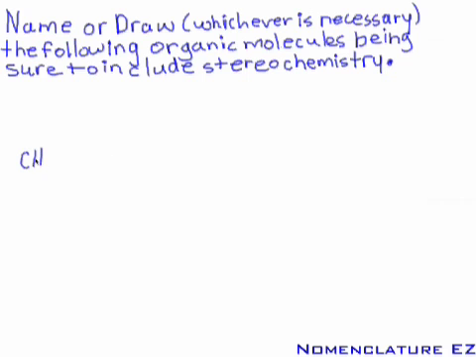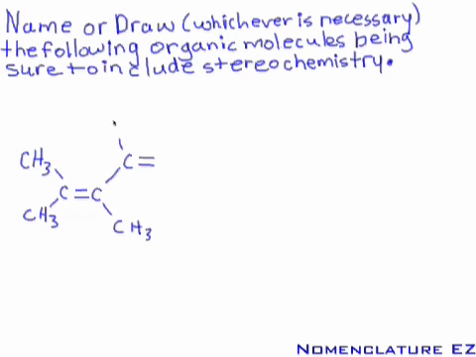Your first problem had a structure in which we had two methyls bound to a carbon that had a double bond. Off of this carbon was a methyl, and the main carbon was bound to a carbon that also had a double bond.